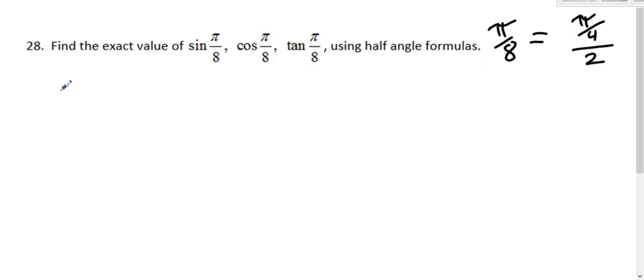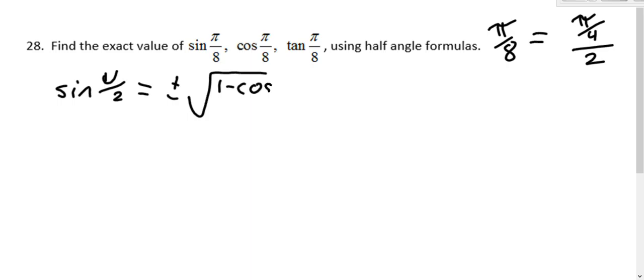So for sine, the half angle formula for sine is sine u over 2 equals plus or minus the square root of 1 minus cosine, all over 2.